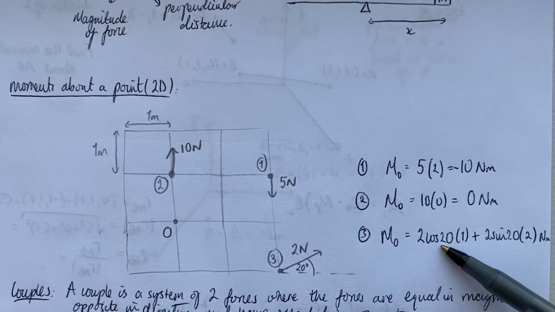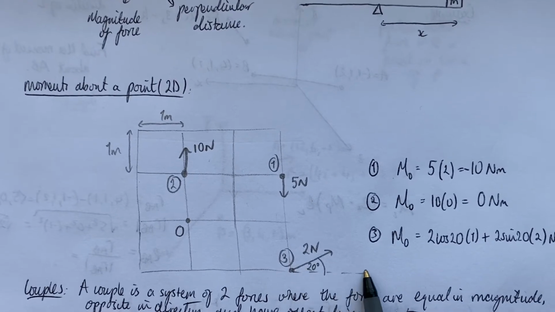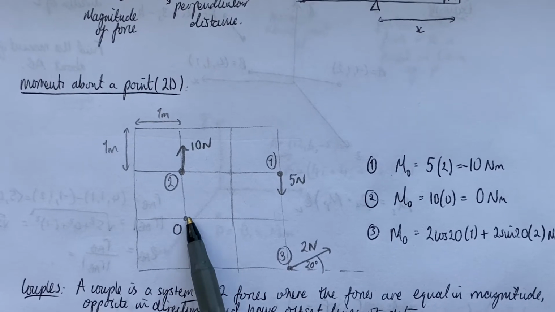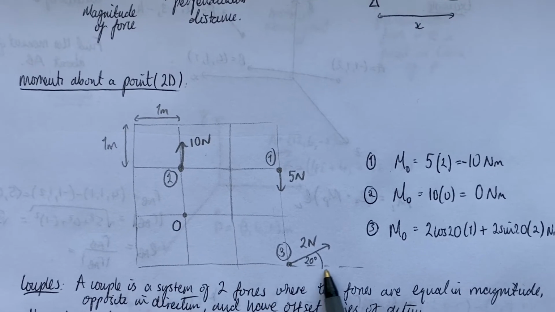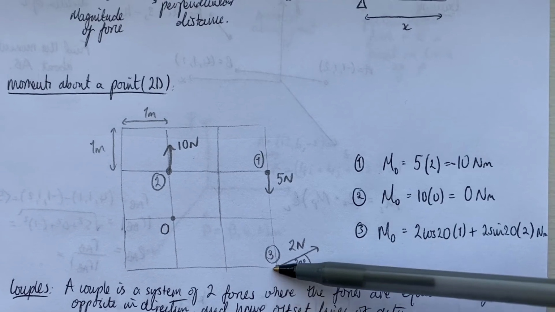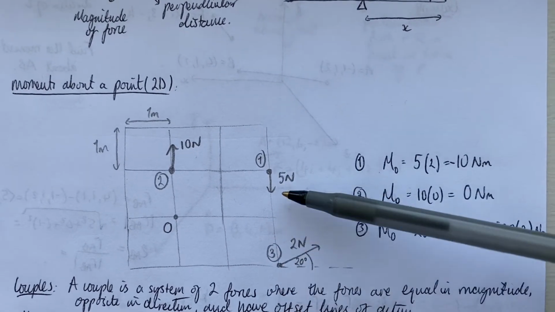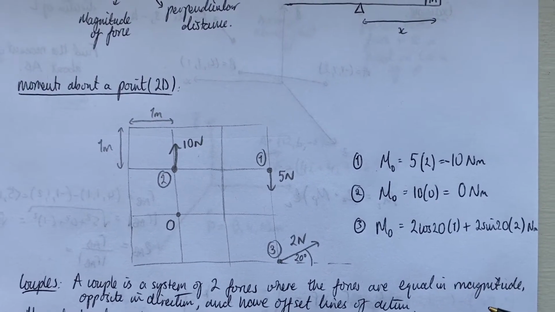So the horizontal component, 2 cosine 20, is at a perpendicular distance of 1 meter, so it goes through here. And then the vertical component, 2 sine 20, which goes through here, is at a perpendicular distance of 2 meters. So we have these two components added together.